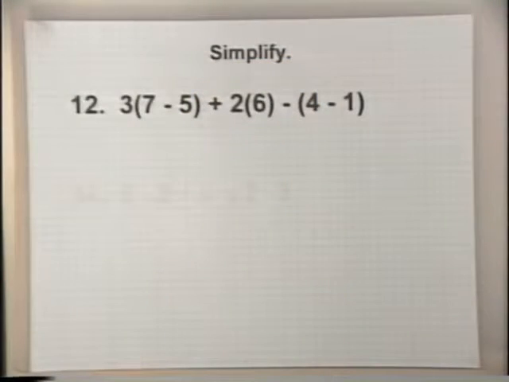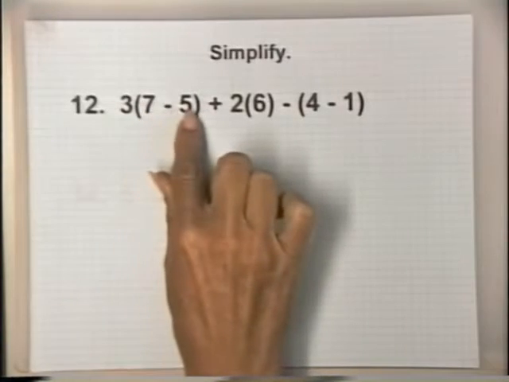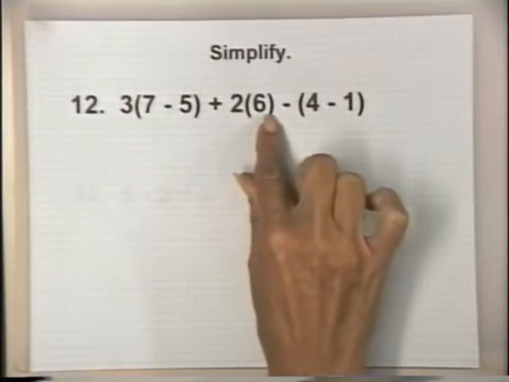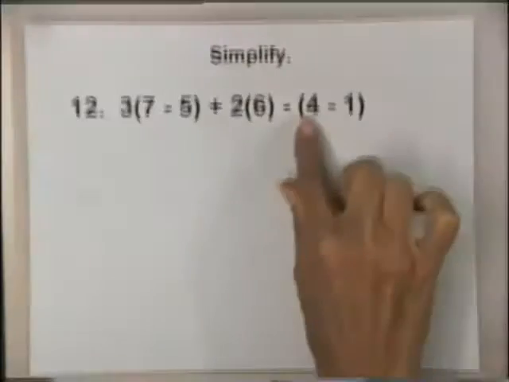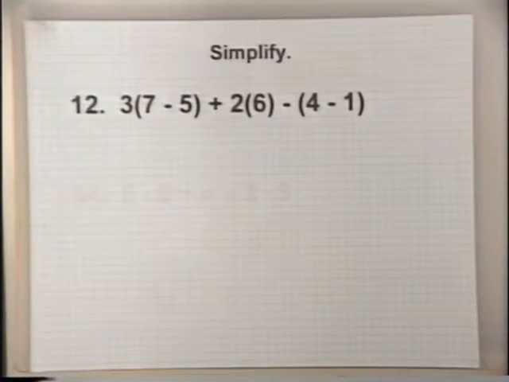I'd like for us to look at problem number 12. Notice it says simplify. We have 3 parentheses 7 subtract 5 plus 2 parentheses 6 subtract parentheses 4 subtract 1.